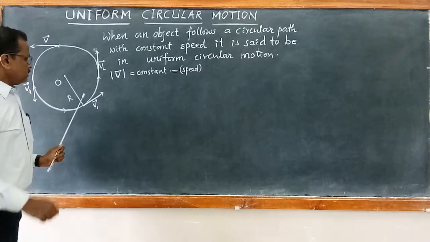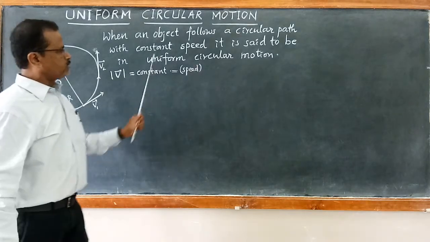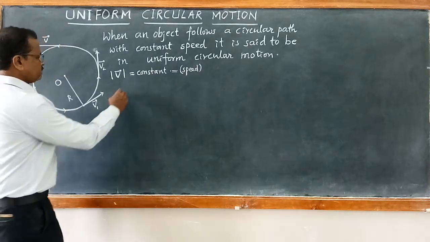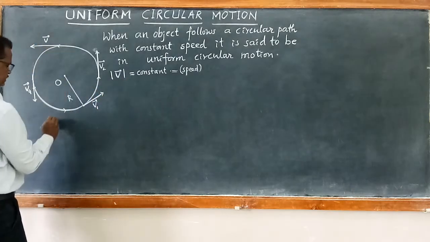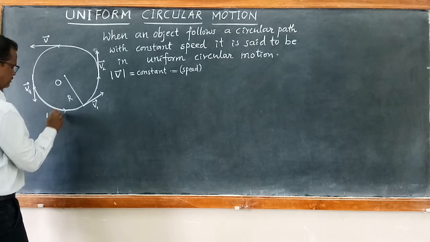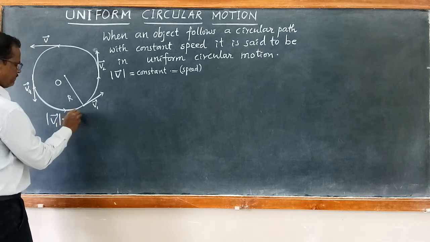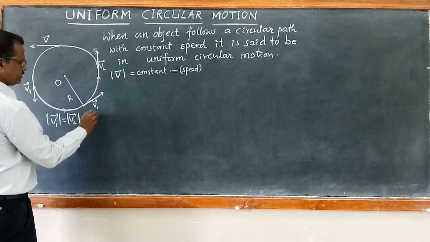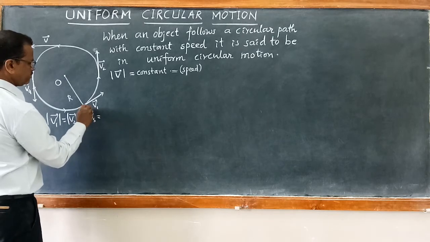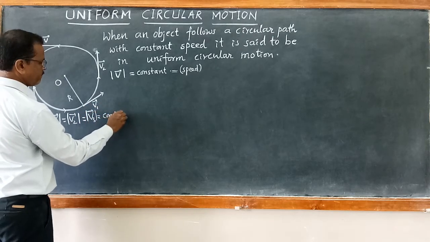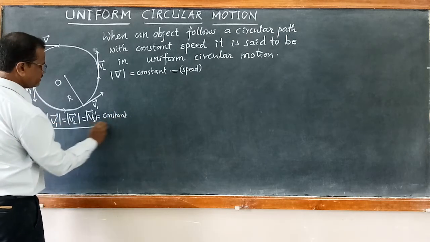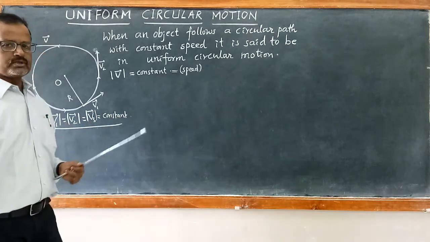The meaning of uniform circular motion is that the magnitudes of all these velocity vectors, v1, v2, v3, are always constant and the same.